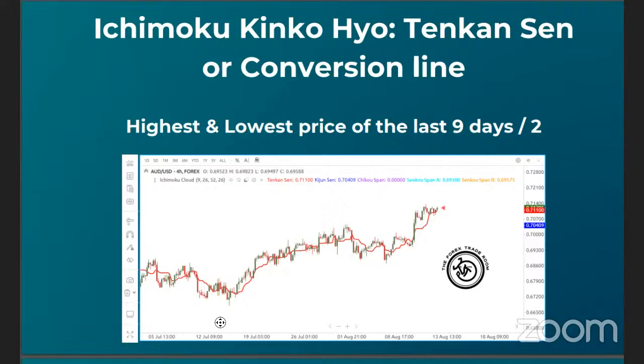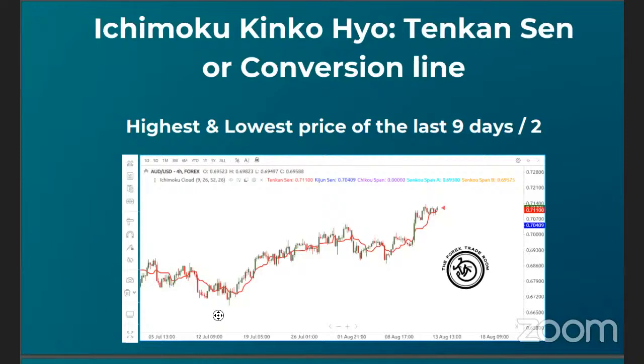Now, what it does is take the highest and the lowest prices of the last 9 days and divide it by 2.